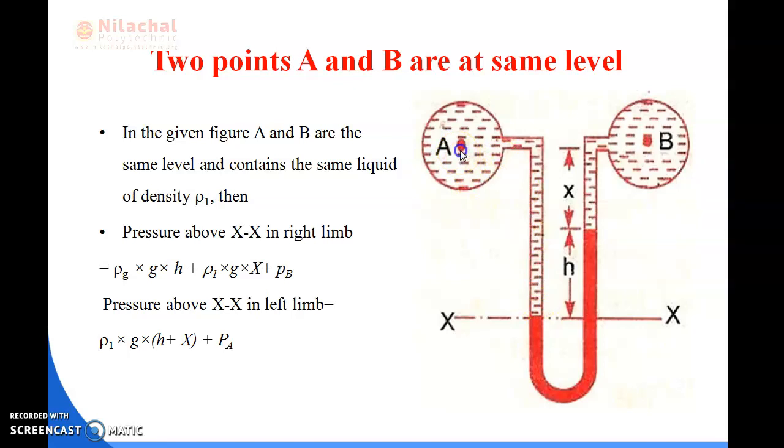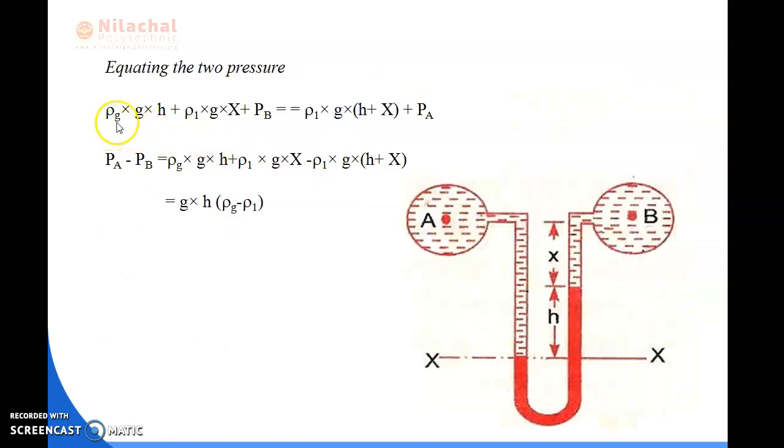Then you will equate the two pressures. Here, this is the right side pressure and this is the left side pressure. Rho G into H plus rho 1 G into X plus PB is equal to rho 1 into G into H plus X plus PA.